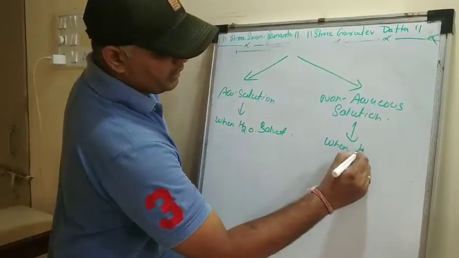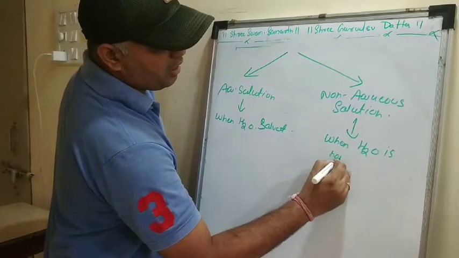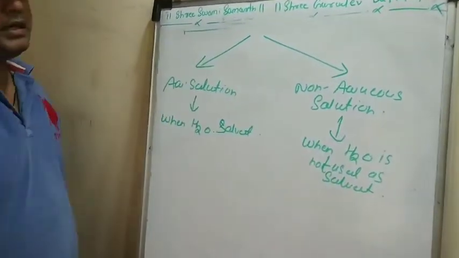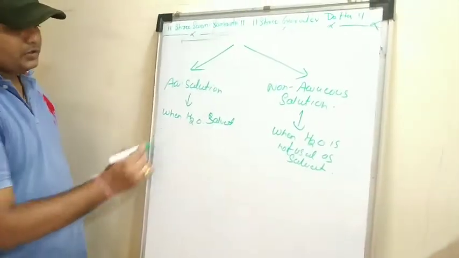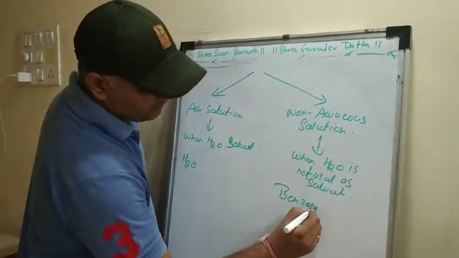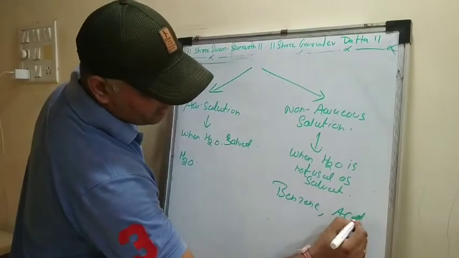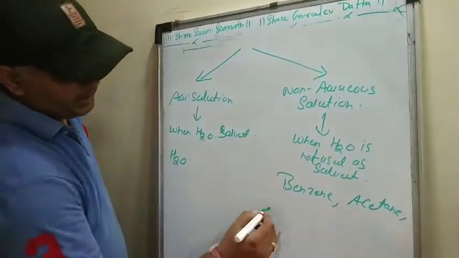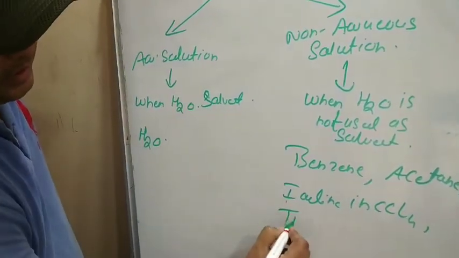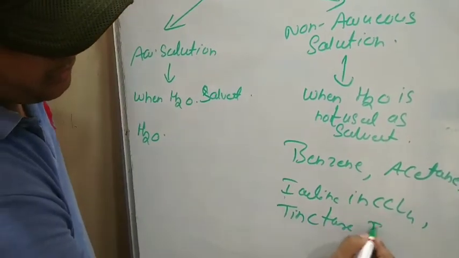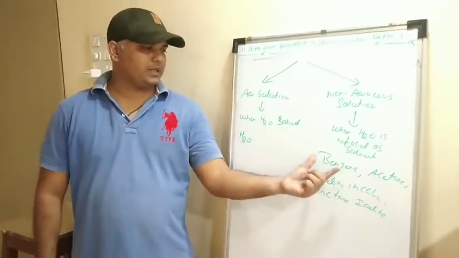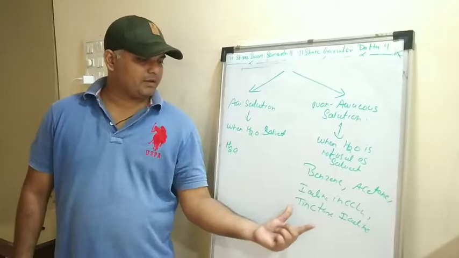When H2O is not used as a solvent, it is said to be a non-aqueous solution, right? So examples here can be benzene, then we can take acetone, then we can take iodine in CCl4, then we can take tincture iodine, right? So there are many examples of non-aqueous solutions, that is benzene, acetone, iodine in CCl4, tincture iodine.